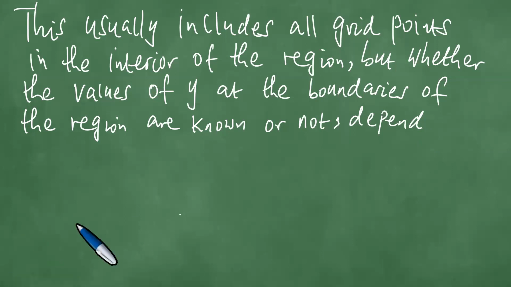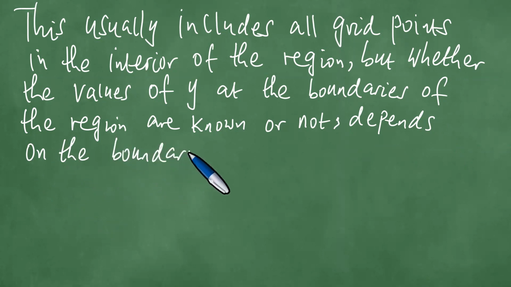So once again, this usually includes all grid points in the interior of the region, but whether the values of y at the boundaries of the region are known or not depends on the boundary conditions.